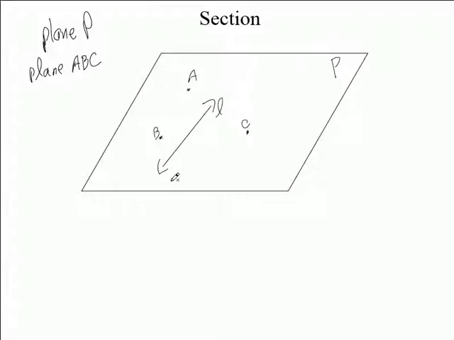What does it lie on? It lies on a plane. On which plane? Be specific. On the ABC plane. You could say plane ABC, or you could say plane P, either way. So line L lies on plane P, or it lies on plane ABC. You with me? This is all just vocab, so we're on the same page and speaking the same language when we talk about these things, okay?